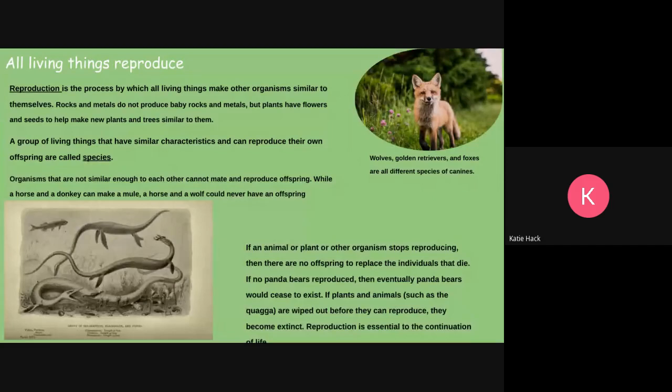You've got the horse and the donkey. They can produce a mule, but that mule can never produce any offspring. That tells you that the donkey and the horse are not the same species. But what about two wolves from different breeds?